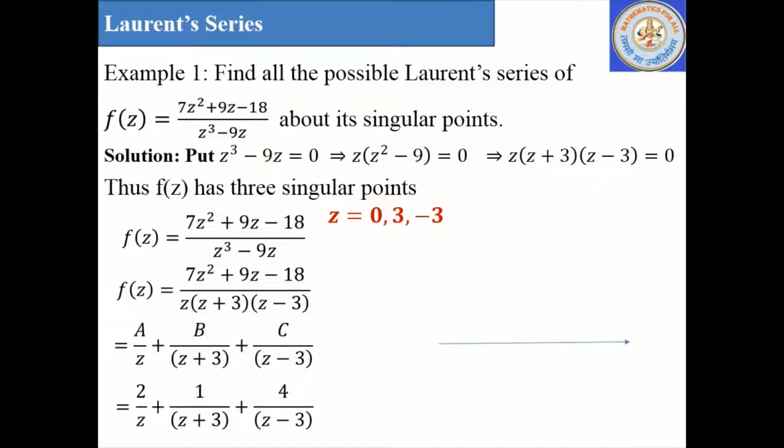In the complex plane, the values of z are 0, 3 and minus 3. These three points are the singular points, and we have to find the Laurent series about these three singular points. It means we require three different Laurent series expansions, so one by one we will deal with all three points.